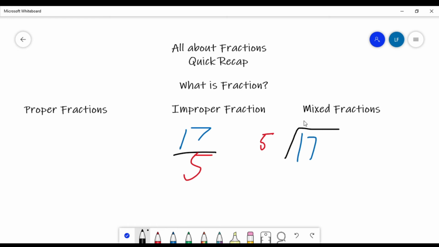So 5 times 3 equals 15, and 17 minus 15 equals 2. Now we leave it.